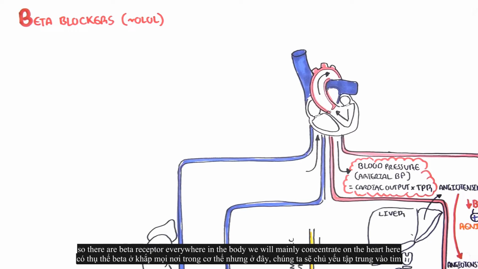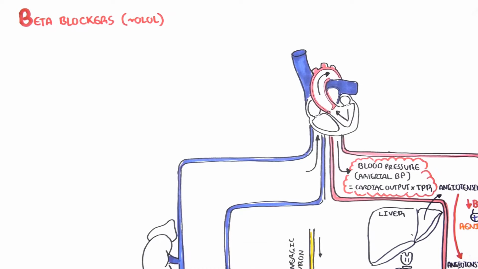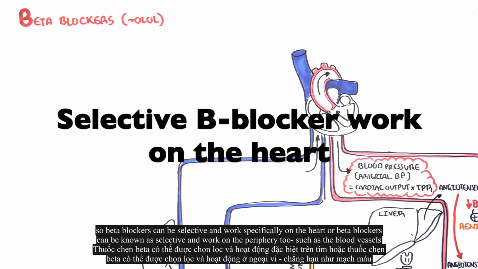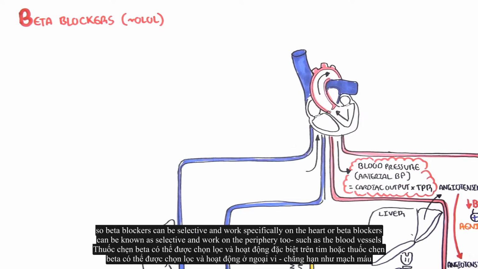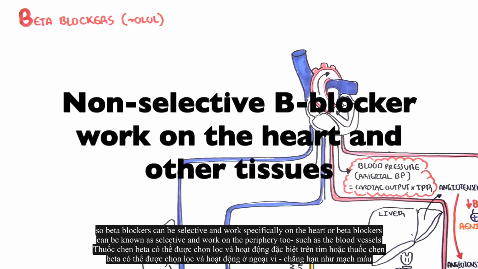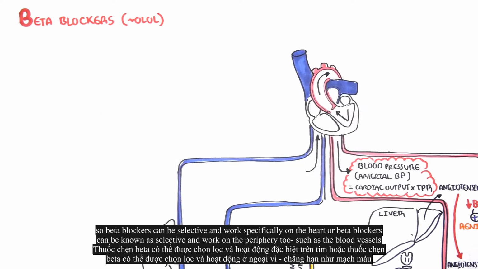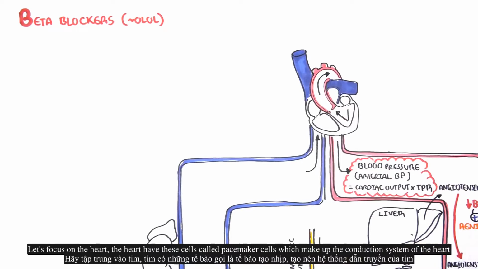There are beta receptors everywhere in the body. We will mainly concentrate on the heart here. Beta blockers can be selective and work specifically on the heart, or they can be non-selective and work on the periphery too, such as the blood vessels. But let's focus on the heart.